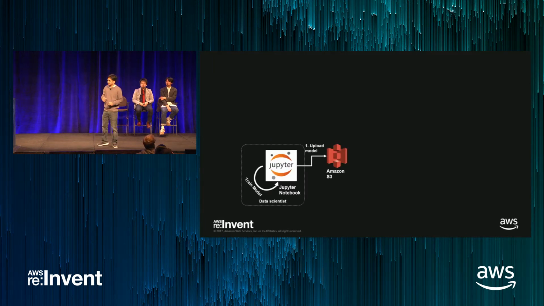So I'm a data scientist. I'm working on amazing algorithms. I have a large data set. I'm crunching. And I live on an EC2 instance, and I live in the Jupyter Notebook, which is pretty popular as a data science tool. I train my model continuously, and I run those models.